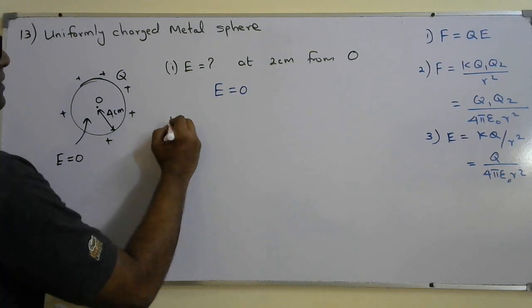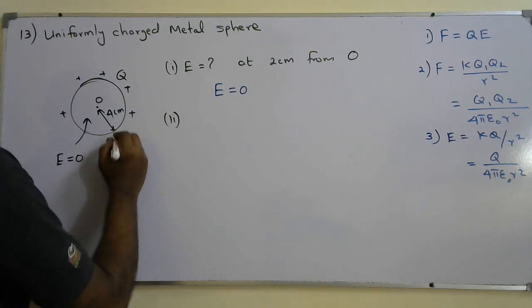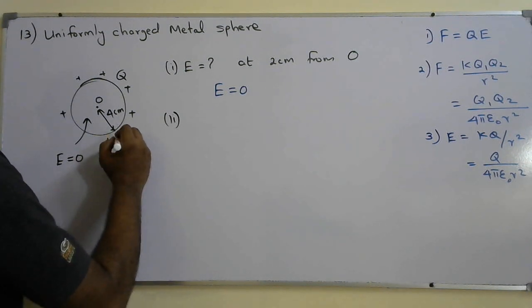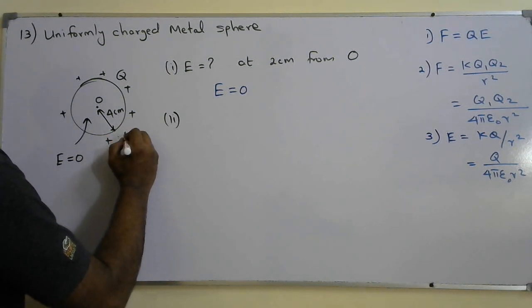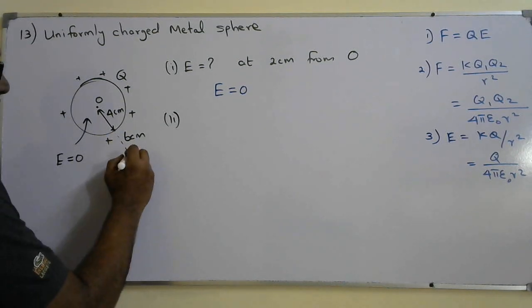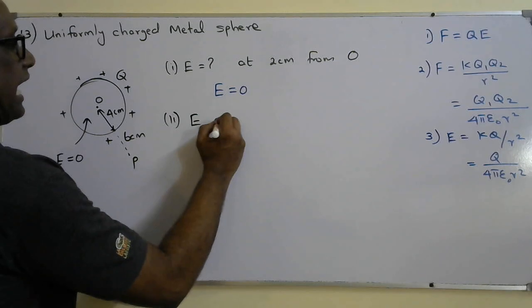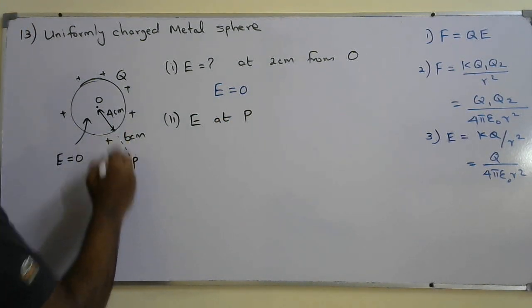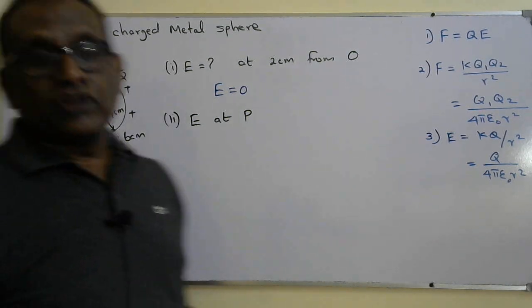Second, they can ask, there is a point P outside the surface. The distance of the point P is 6 centimeter from the surface. Find the electric field strength at P. So E at P, which is at a distance 6 centimeter from the surface, means it is at 10 centimeter from the center.